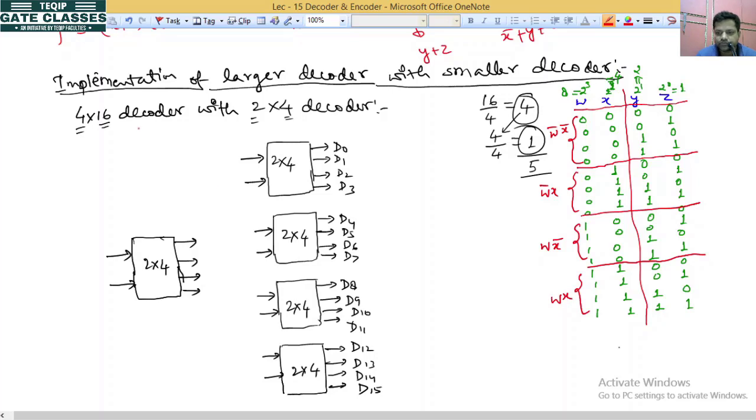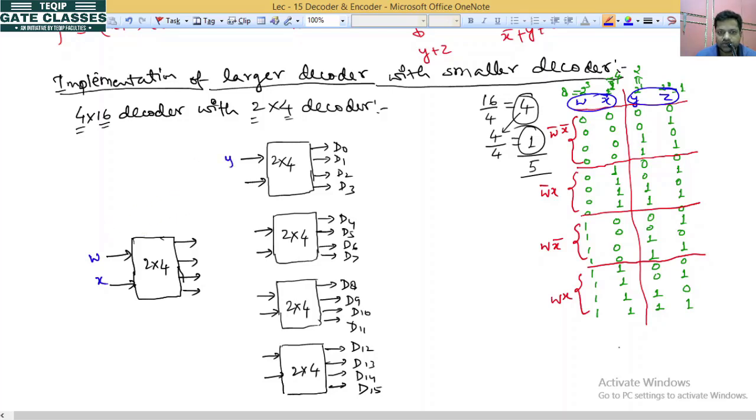So what it gives from here is that these two inputs are the input of the first level, and the last two inputs will be the input for the last level.